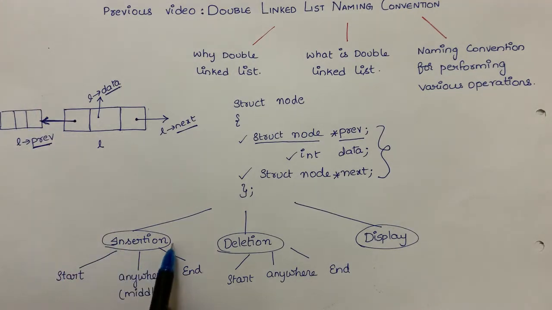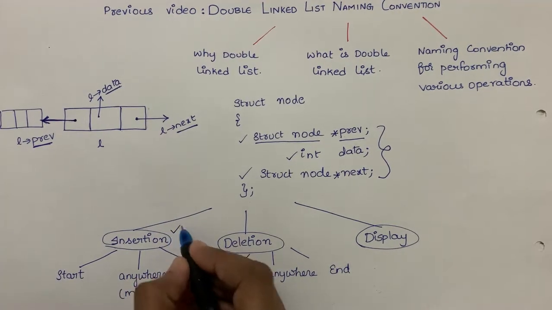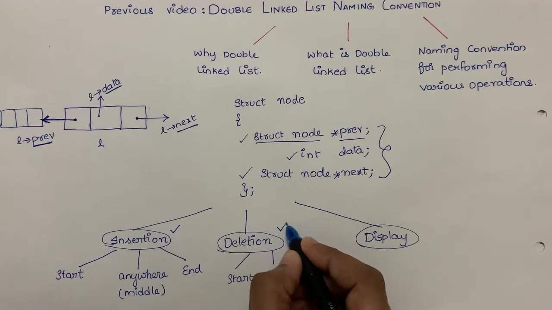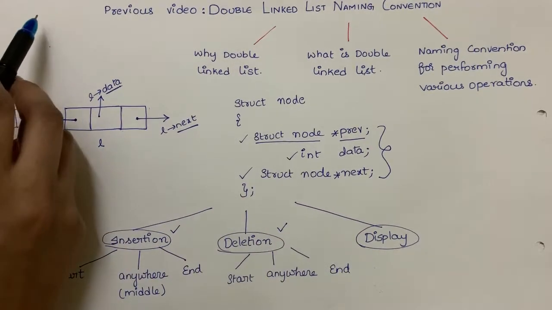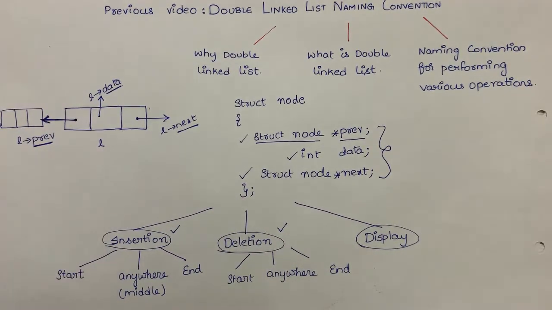Coming to the insertion operation, we can insert a node at the start of the double linked list, anywhere in the middle, or at the end of the double linked list. In the same way for the deletion operation, at the start, middle, or end of the double linked list.